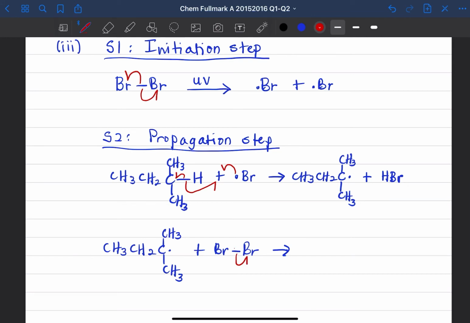Each bromine takes 1 electron, and the bromine will combine with the free radical of carbon. So you will have CH3, CH2, C, CH3, CH3. Carbon will form a bond with bromine, and the bromine molecule will give you a bromine free radical. So these are the 2 steps in propagation.